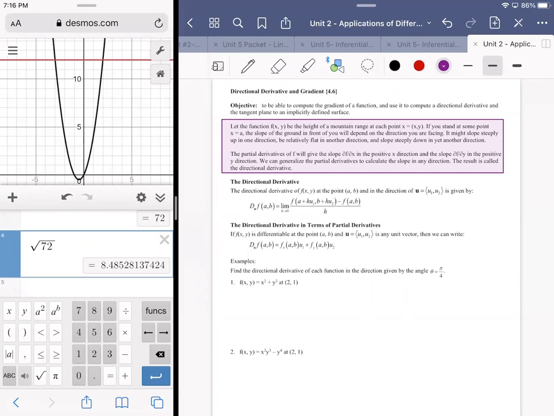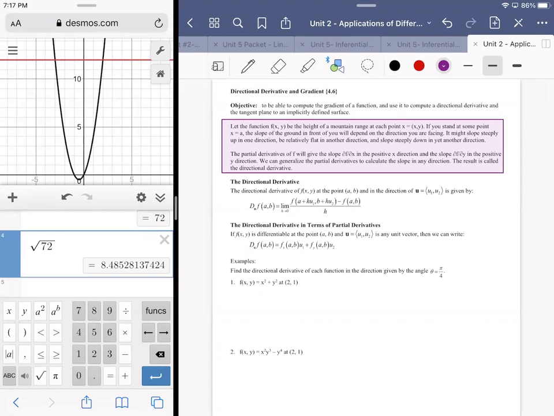We call that the directional derivative. We rely on knowledge of what that direction is in order to know what the derivative is in that direction.